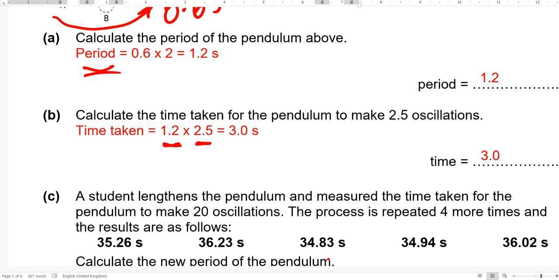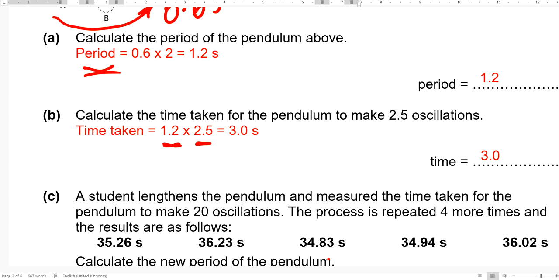You can always experiment this by yourself at home. Just find a piece of string, tie something to it, measure, and then you lengthen or shorten the string, and you see how the time changes. One easy way to remember is the longer the string, the longer the time. The shorter the string, the shorter the time. And in this case, the time I'm referring to will be the period.